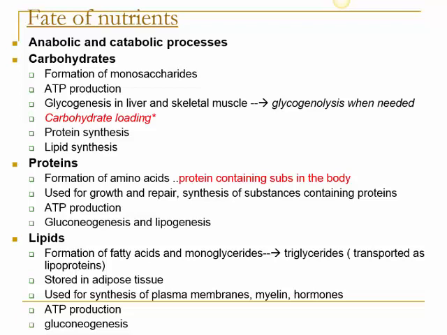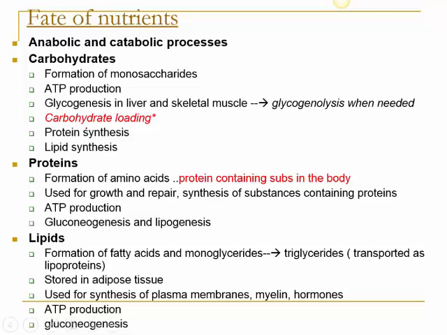The rest of it gets stored as glycogen in the liver and skeletal muscle. And then when they are doing their activity, that glycogen can be broken down to produce glucose and give them ATP. So this process of loading your body with carbohydrates is called carbohydrate loading. It's perfectly normal, nothing illegal like blood doping, okay?